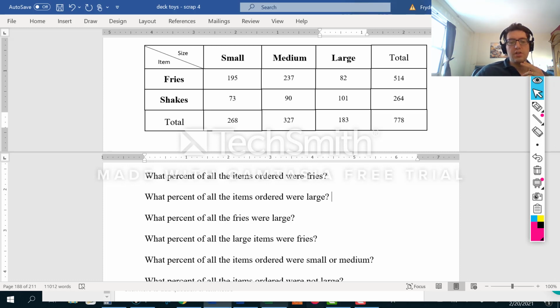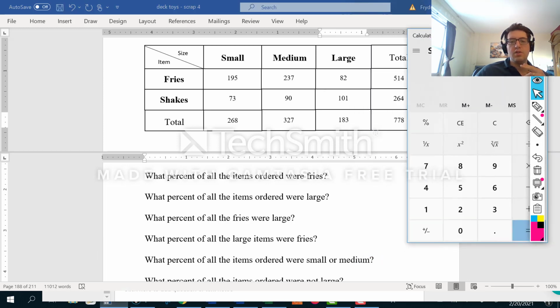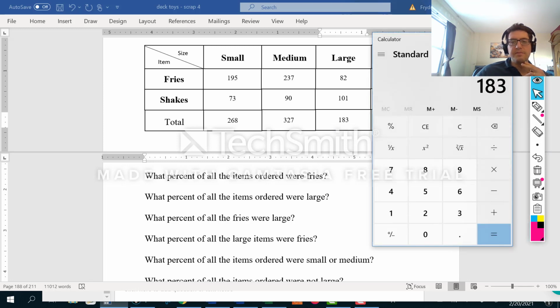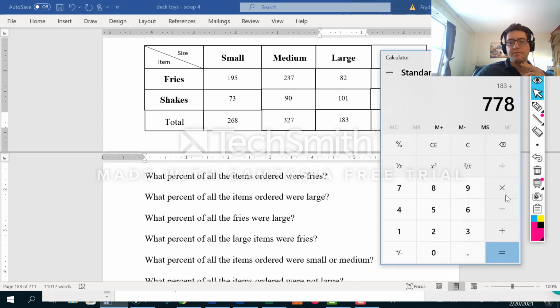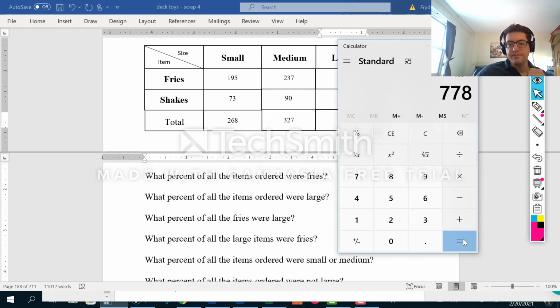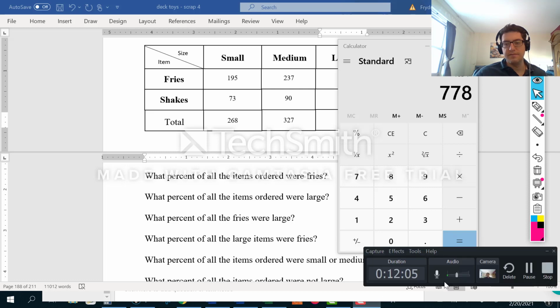So what we're going to do is get our calculator over here and do 183 divided by 778, which was the total of everything. All right, hang on a second.